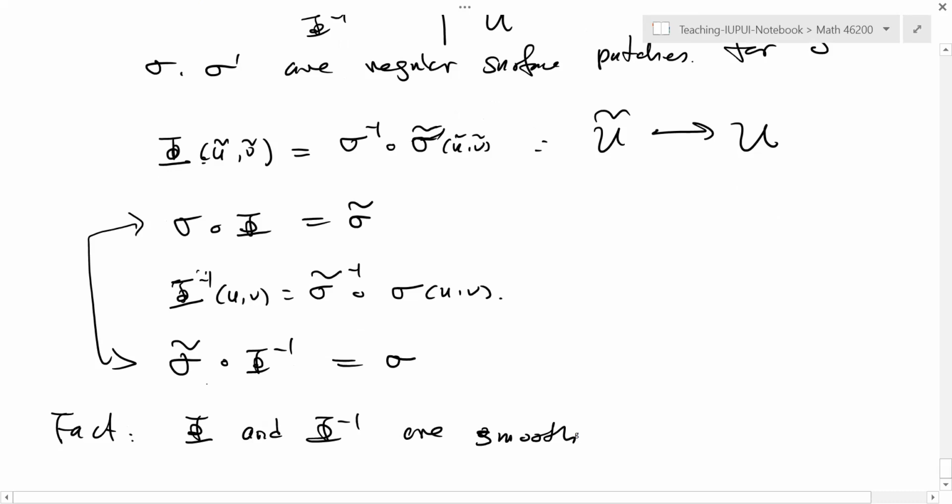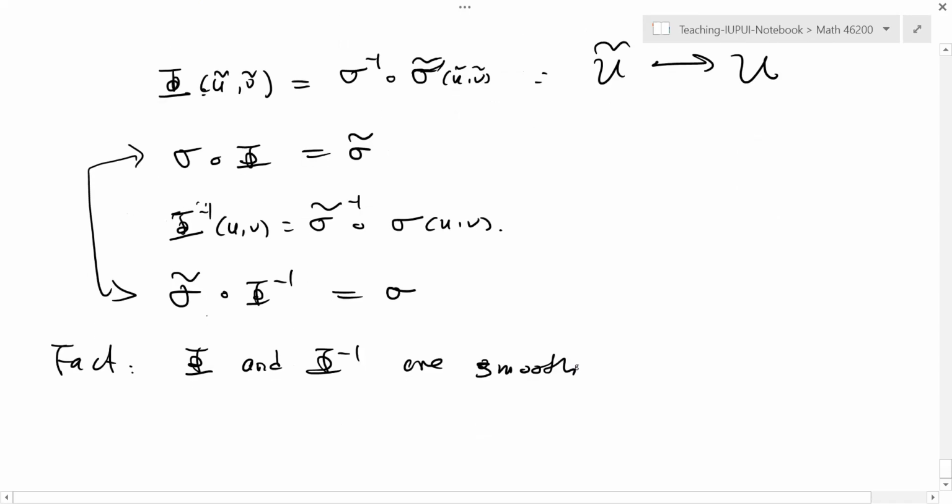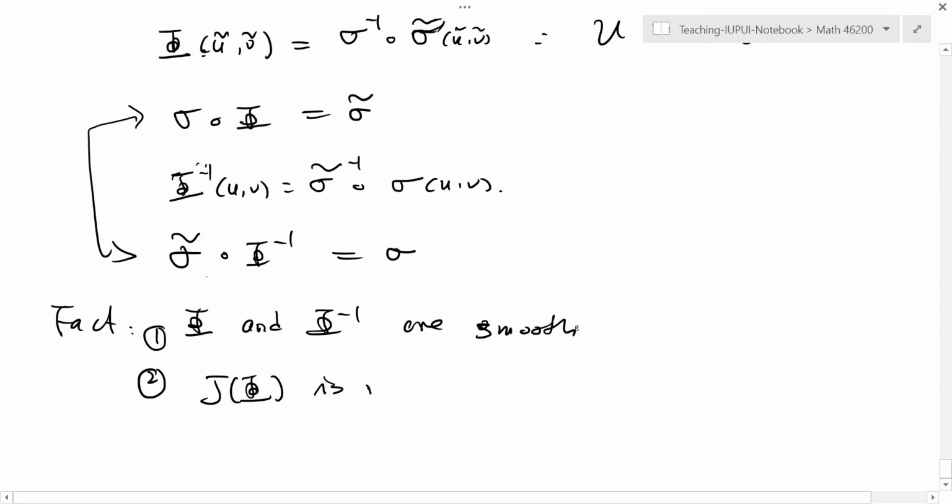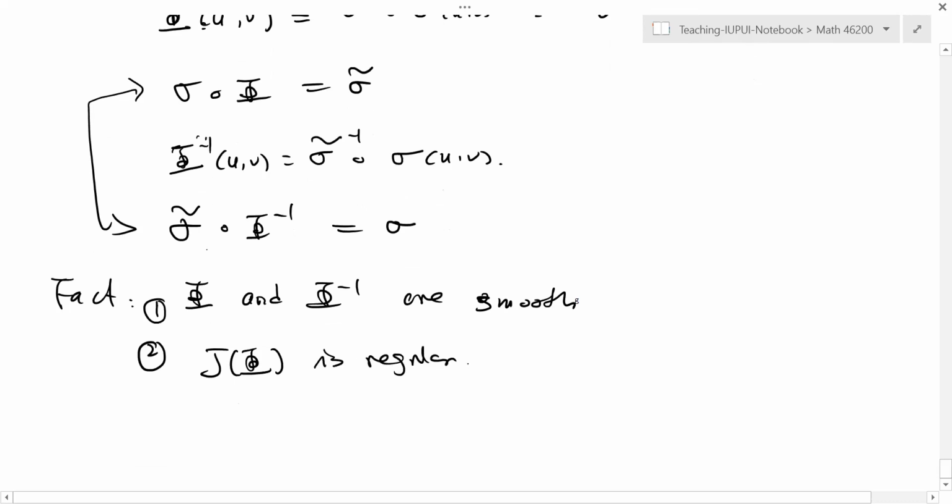Another important fact is the so-called Jacobian. That's the first property. The second property: the Jacobian is going to be regular. What does that mean?